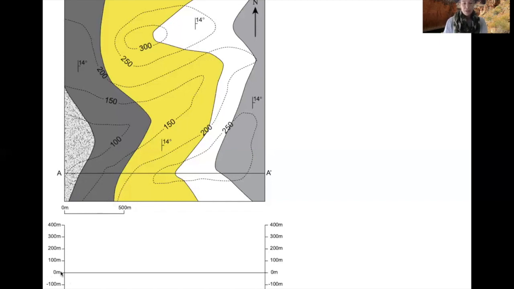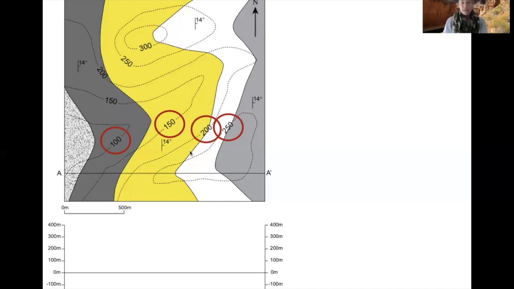So the 0 is the 0 elevation line, and all of these other numbers, 100 meters, 200 meters, 300 meters, 400 meters, are elevations above 0 sea level. So all of these contours for the topography, I will mark with a topographic profile.